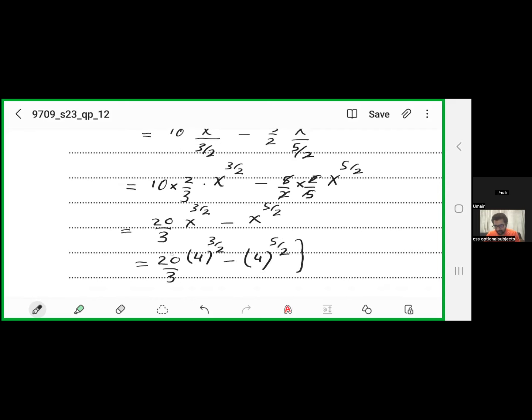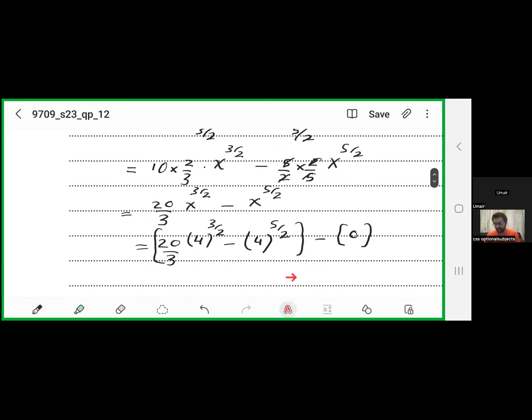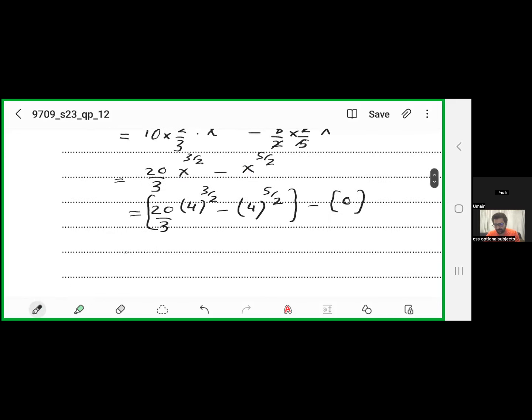The lower limit is 0, so I am not going to put 0, because when you put 0 here or here, it will become 0. This will be 20 over 3, 4 power 3 by 2 is 8, and 4 power 5 by 2 is 32.